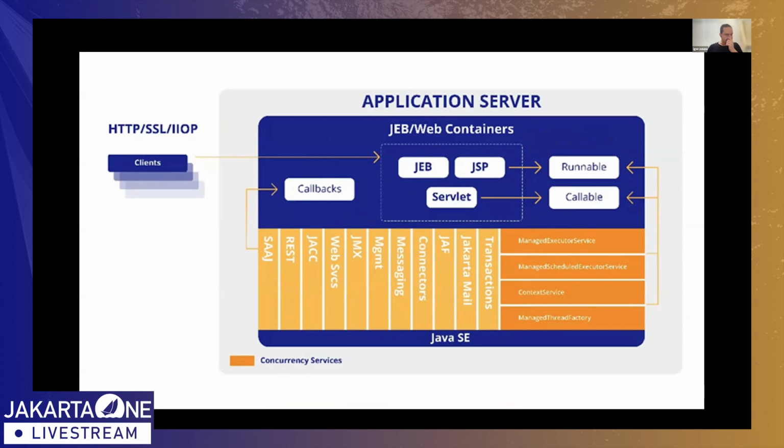Jakarta EE 11 concurrency is going to propose that the servers implement virtual threads. That means GlassFish, Tomcat EE, everyone who wants to follow the Jakarta EE specification is going to implement it. And this opens the door to thousands of other scenarios.